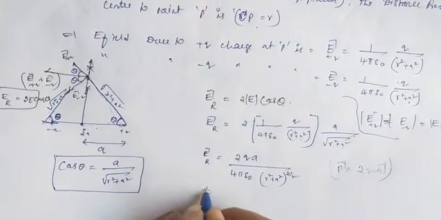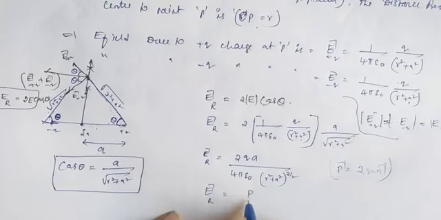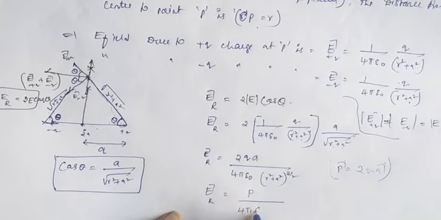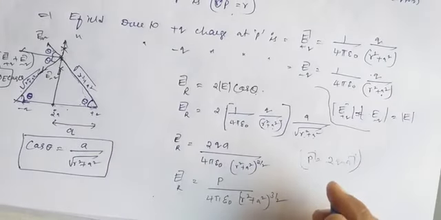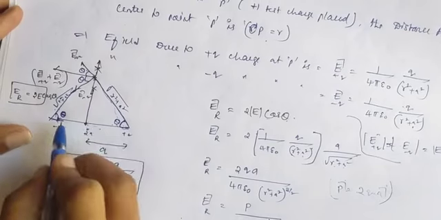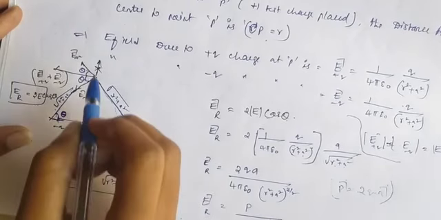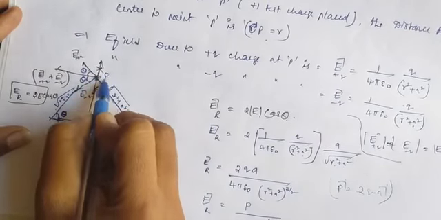So E resultant is equal to P by 4 pi epsilon naught r square plus a square whole power 3 by 2. Now see here, when we compare to the distance between those 2 charges, the distance to point P is very much greater.